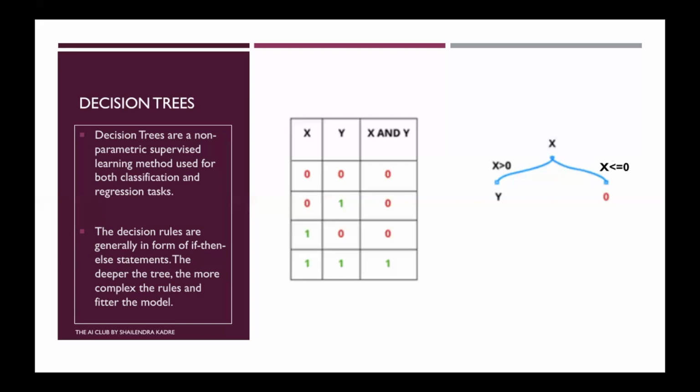If x is 0 and y is 0, then the value of x AND y is also 0. Now, if x is 0 and y is 1, then still we get an output of 0. X is 1, y is 0, again the output is 0, and only when both x and y are 1, we get an output of 1. So this is a normal AND gate that we have applied on both x and y features.